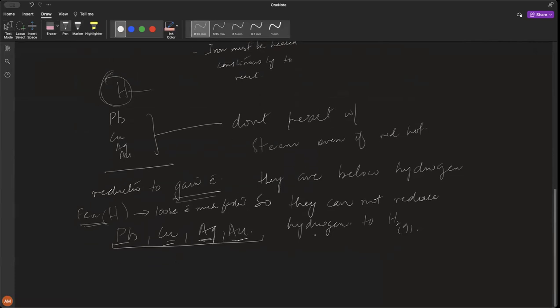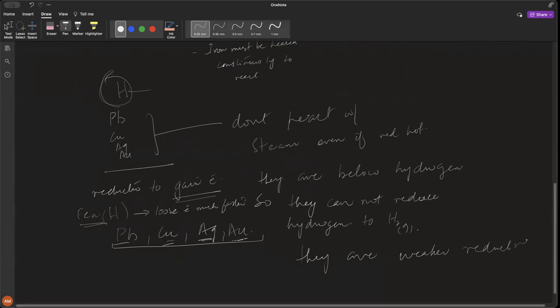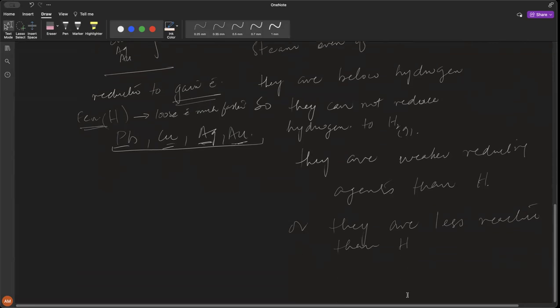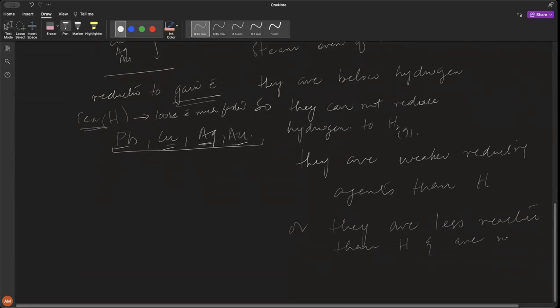They are weaker reducing agents than hydrogen, or they are less reactive than hydrogen and are not able to give electron to hydrogen.